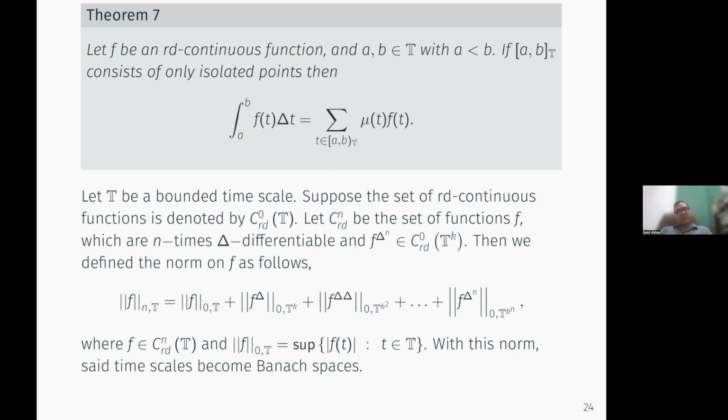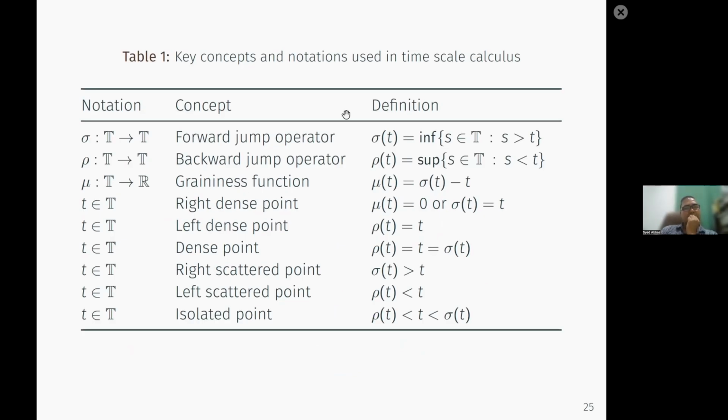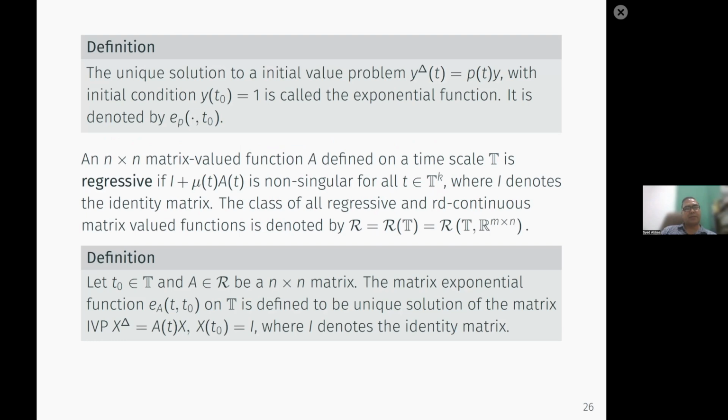And for T a bounded time scale, we denote the set of rd-continuous functions by C_rd, and this is the norm defined on this set. These are some key concepts like the forward jump operator which we have defined, and we have just written them in a table.